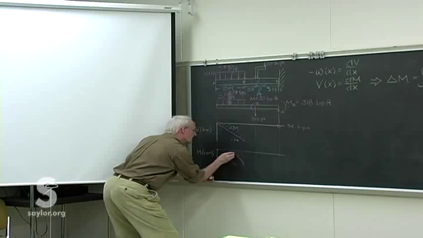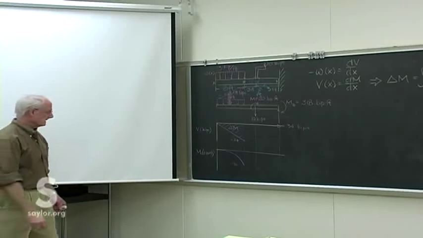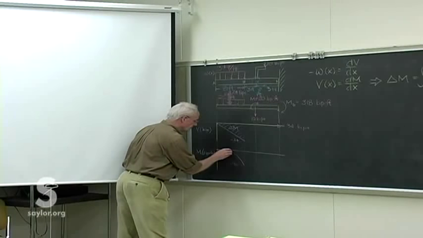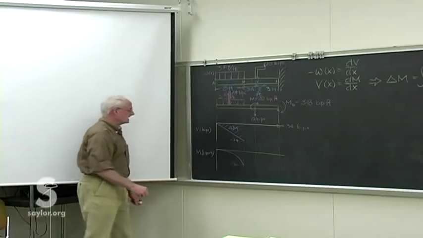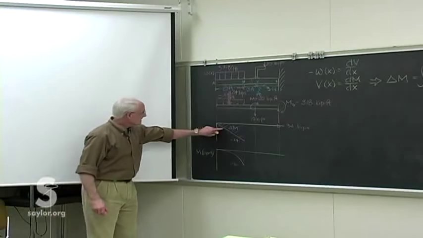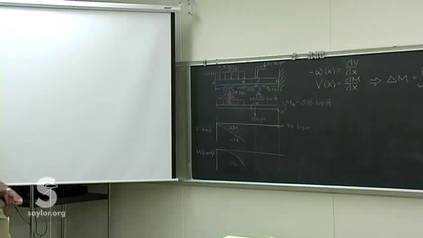And then we can draw in the parabola like that easily once we have those 2 points. We know it's at 0. We know the slope is at 0 as it comes in because the slope goes down to 0 as V goes down to 0 coming into that end.